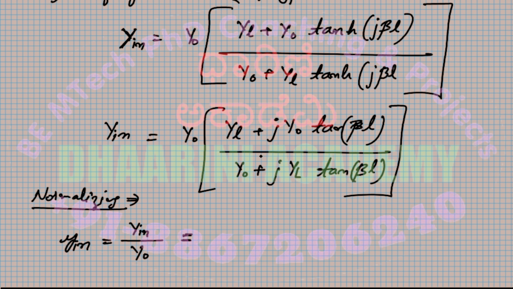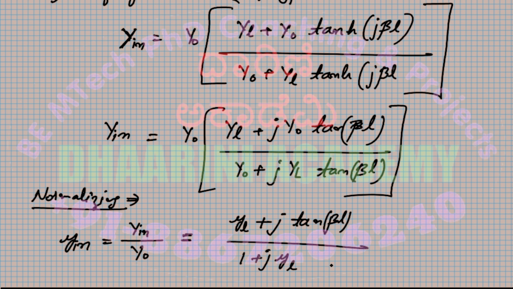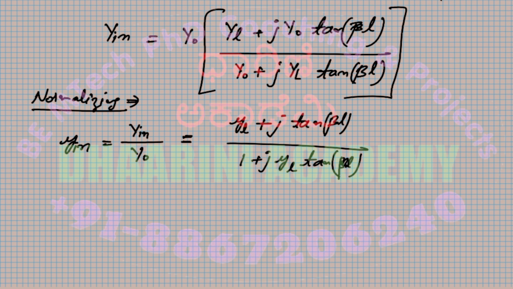So YL by Y naught, I'll write as small yl, plus j times, the Y naught is cancelled, so simply tan beta l, whole divided by the denominator, 1 plus j yl into tan beta l. So this is the normalized representation.